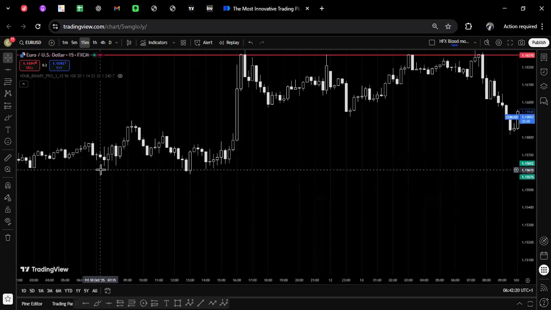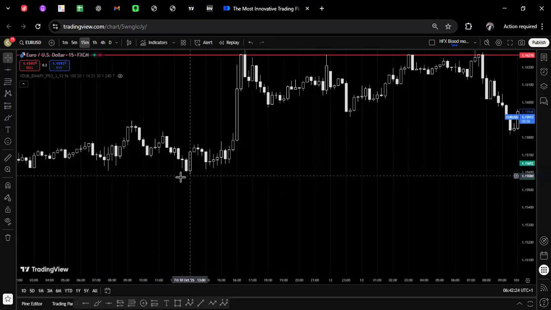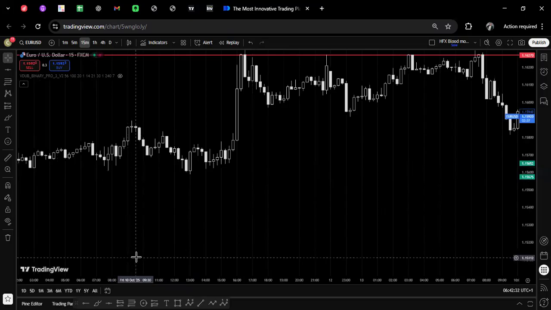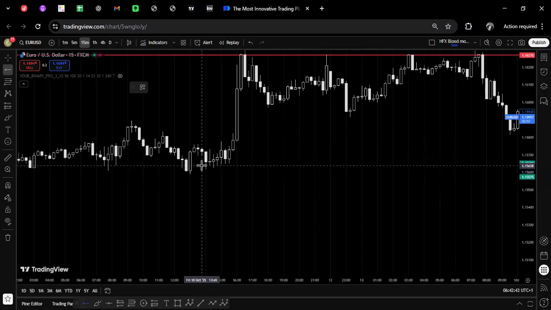The market came and reversed again. In fact, if I want to ignore this place, I can just focus on this area here. The market touched this area 4 or 5 good times before reversing. So in this case, I'll pick my tool. This time around, a horizontal ray instead of a horizontal line. I pick the horizontal ray and place it here.